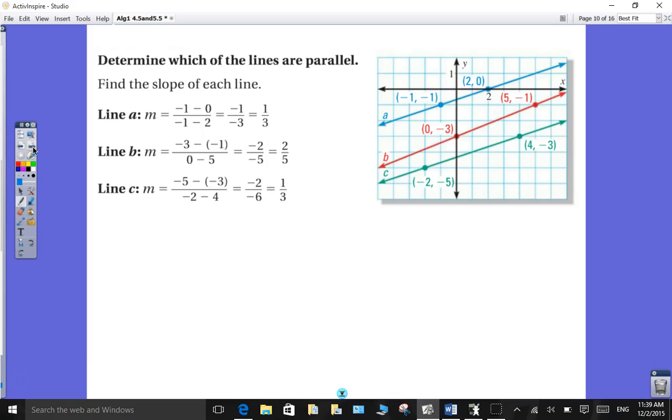Like it doesn't here, but it does there. So I could go from here. It looks like it's going up 1 over 3, up 1 over 3. Okay, so let me do the same thing here. Up 1 over 3, up 1 over 3. So yeah, they're parallel. This one here, well, let's see. There's an intersection of grid lines, and the next one is all the way up there. So up 2 over 5 doesn't work.